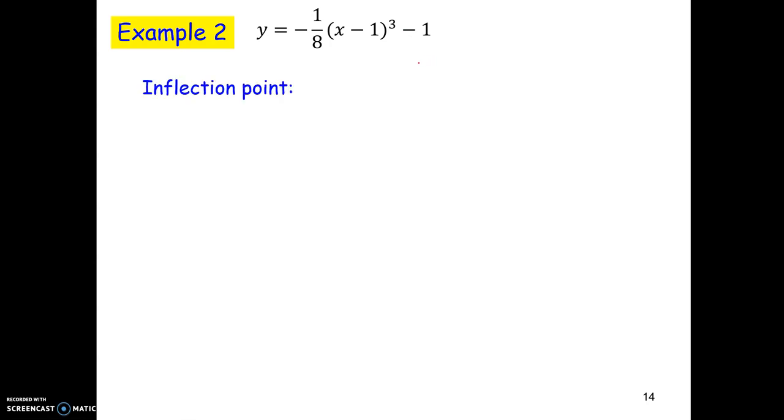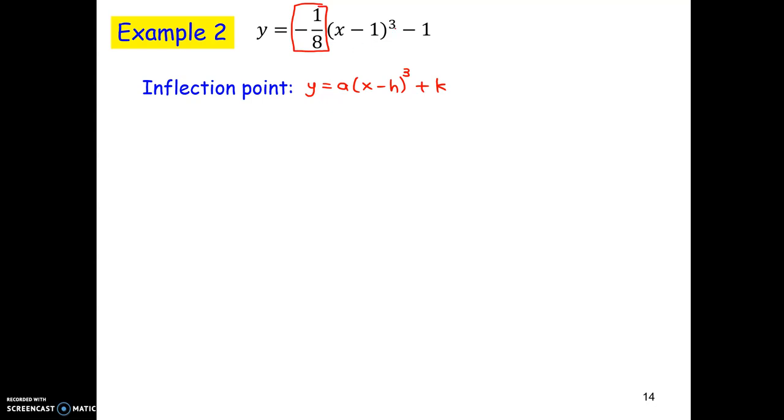So the next example, we have y equal to negative 1 over 8, (x minus 1) cubed minus 1. So as usual, let us calculate the inflection point. So y equal to a(x minus h) cubed plus k. So let us compare the equation. As we can see, a must be negative 1 over 8.